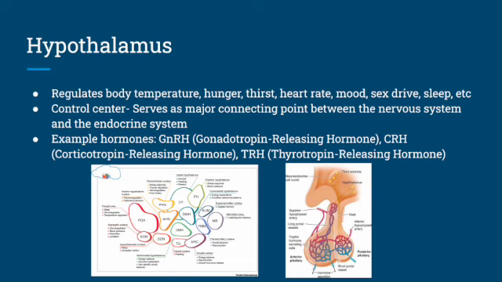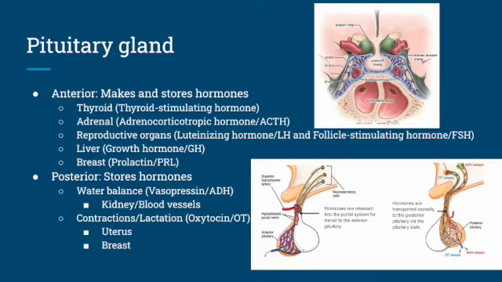It's going to pass neurochemical impulses down to that pituitary, and it's also going to produce and transmit hormones into the pituitary, and we'll take a look at that when we talk about the pituitary gland. The pituitary gland is sitting in what's called the sella turcica at the base of the brain.